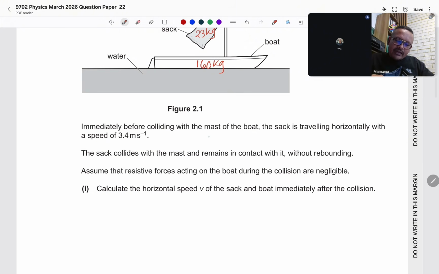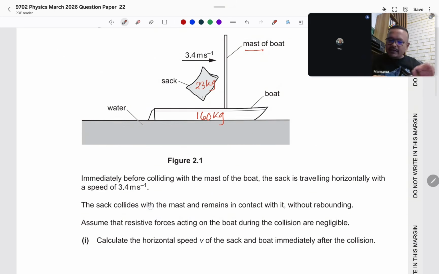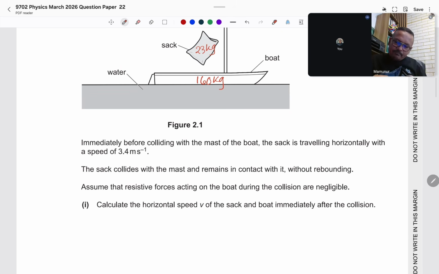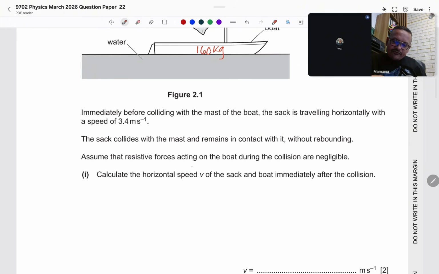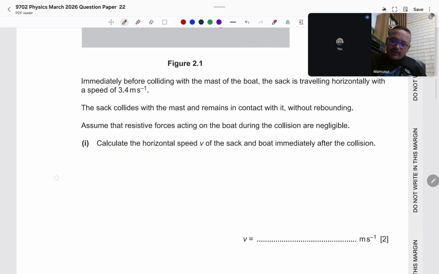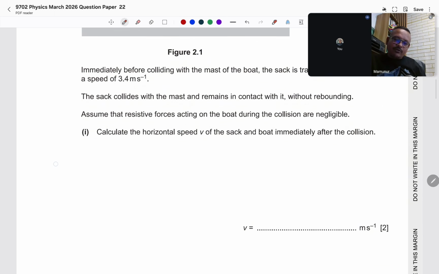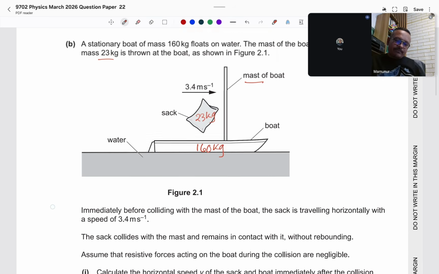Immediately before colliding with the mast of the boat, the sack is traveling horizontally with a speed of 3.4 meter per second. The sack collides with the mast and remains in contact with it without rebounding. Assuming the air resistive forces acting on the boat during the collision are negligible, calculate the horizontal speed of the sack and the boat immediately after collision.